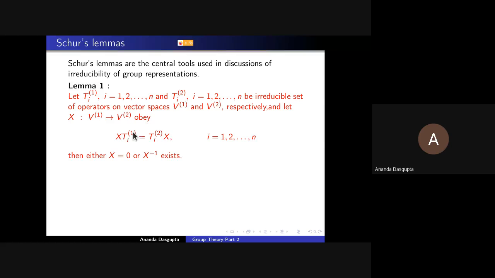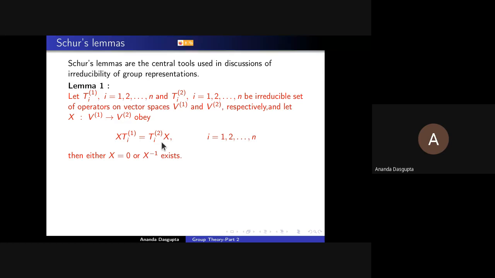Then for all such X's, there are just these two possibilities. Either X is 0 or X must be a map which has an inverse. I'm not saying anything more. That's lemma 1.